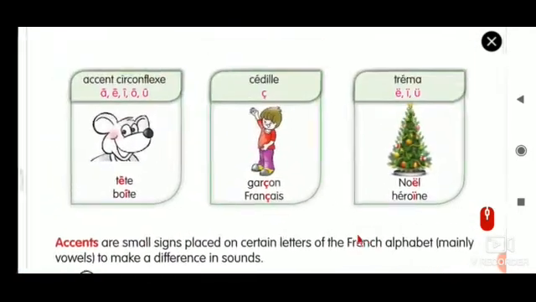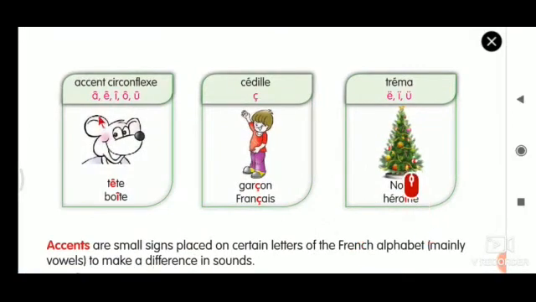So this is a short E, and accent circumflex. As I said, there should be a tint over the letters A, E, I, O, and U. So this is the only accent which falls on all the vowels. Tête, boîte.